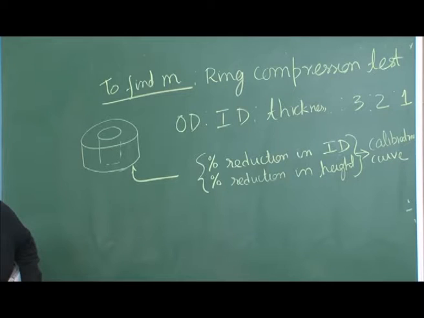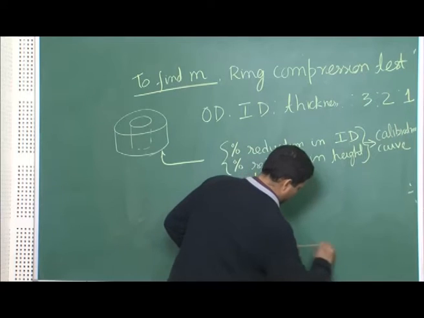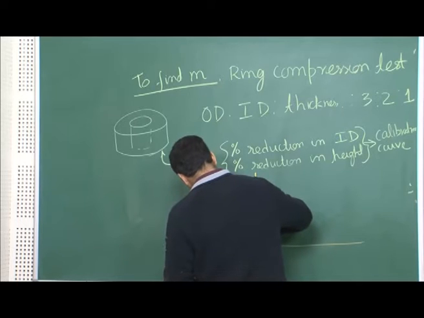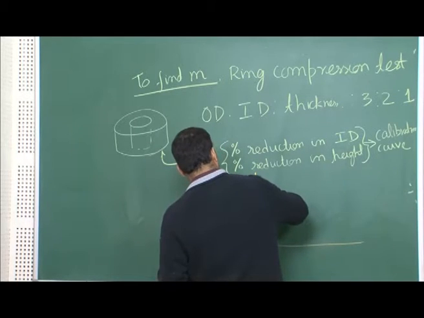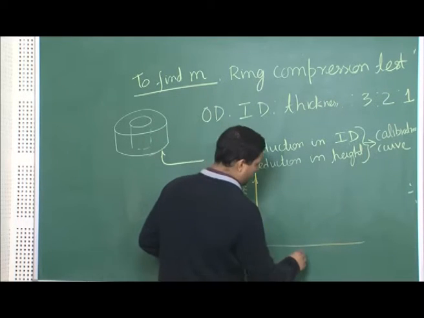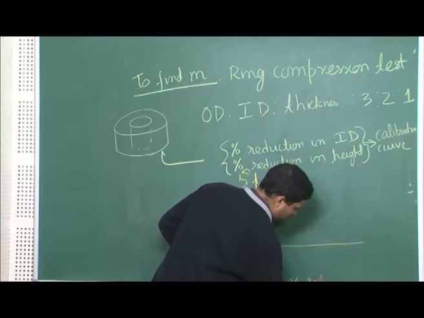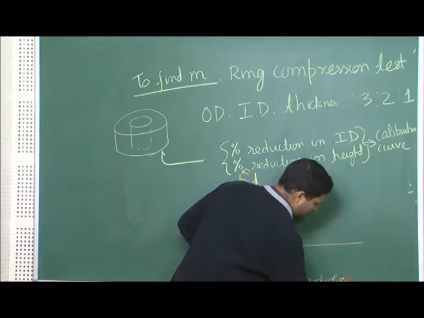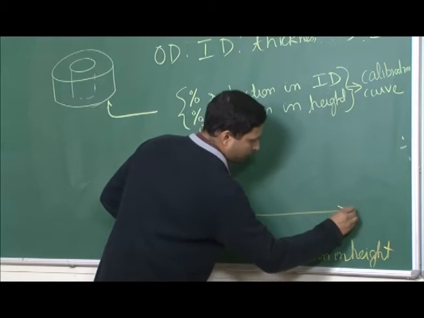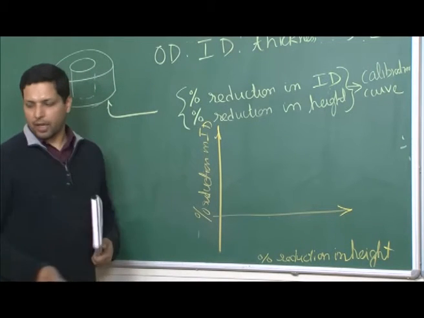So, this calibration curve will look something like this. On the y axis you will have percentage reduction in ID, that is the inner diameter, and on the x axis you will have percentage reduction in height. So, this is the x and y axis.